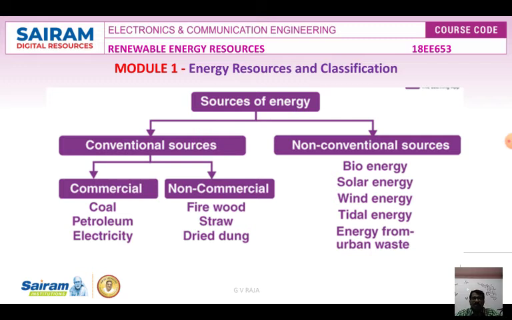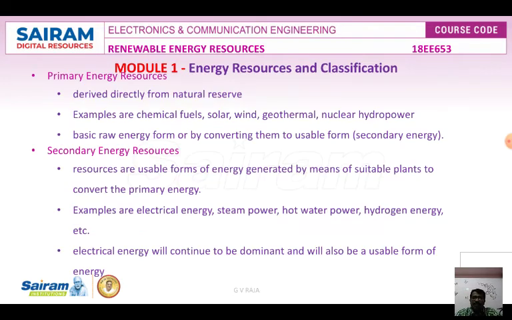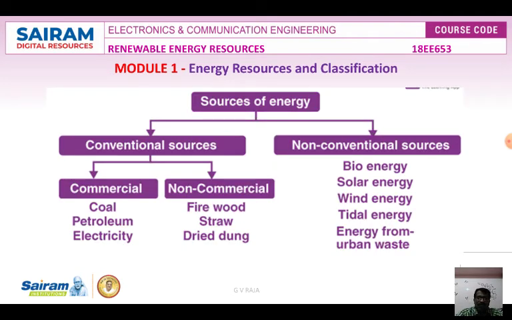So the source of energy is normally classified into two types. That is, we used to say conventional energy and non-conventional energy, commercial energy and non-commercial energy. Basically, the source of energy is divided into primary energy and secondary energy.